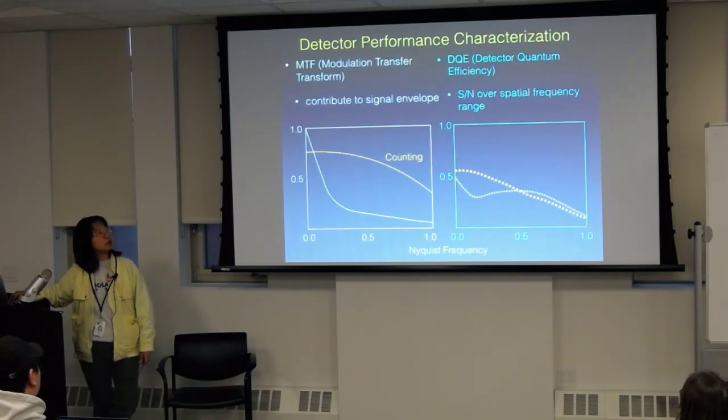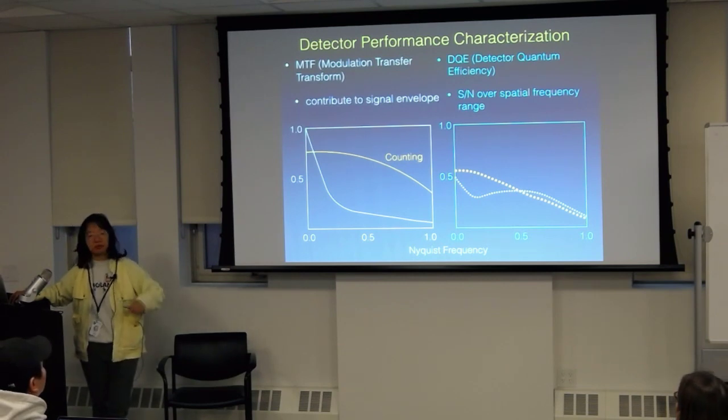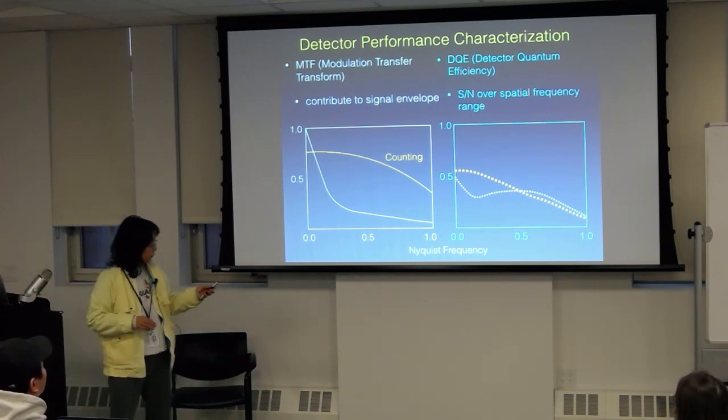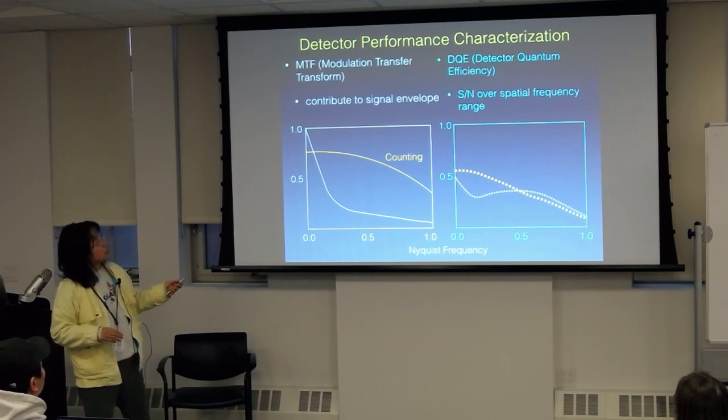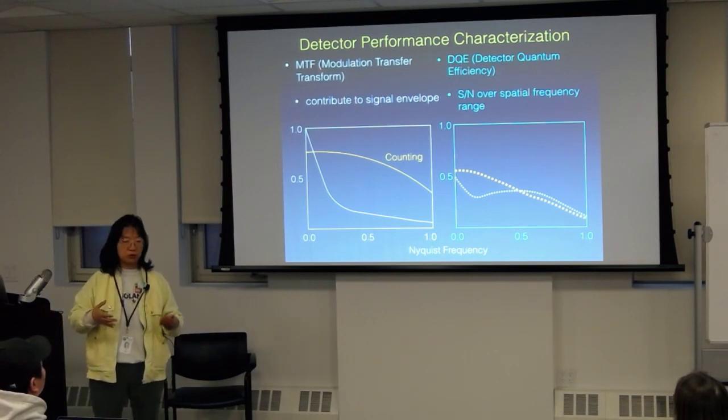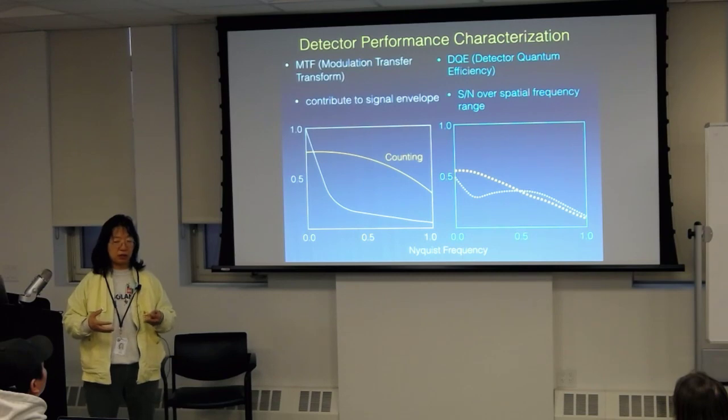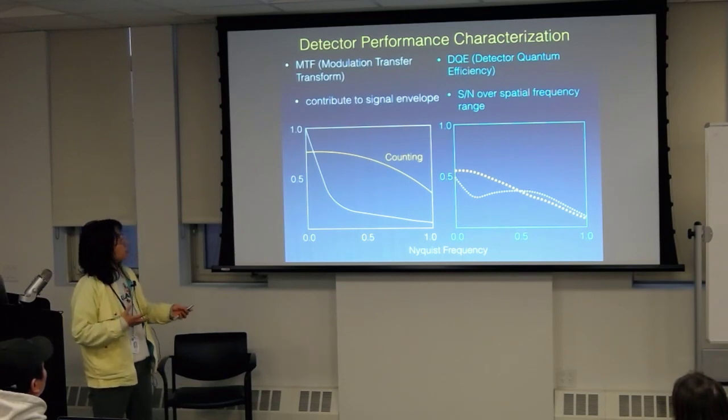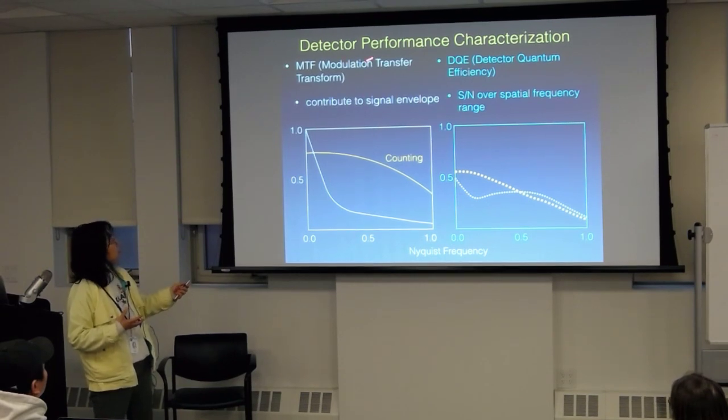The next, that's the next slide. So I'm going to go through this one first. The way that we describe the detector performance, you will learn a bit of that after you know about Fourier transformation. But basically, there are two terms that they will talk about.